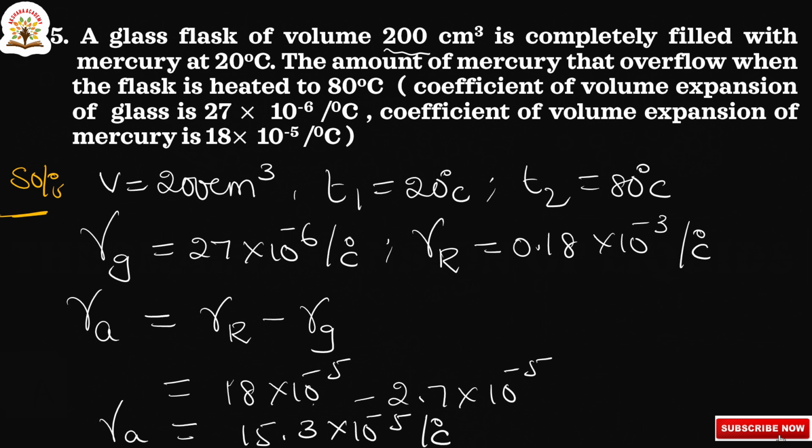Now we write the formula for gamma A, the apparent expansion.